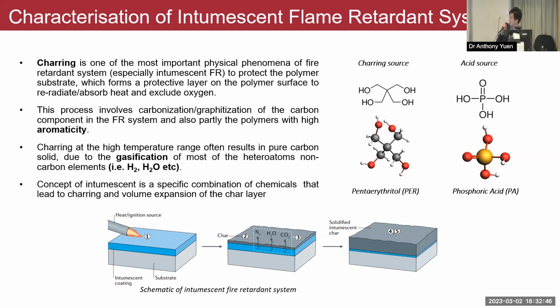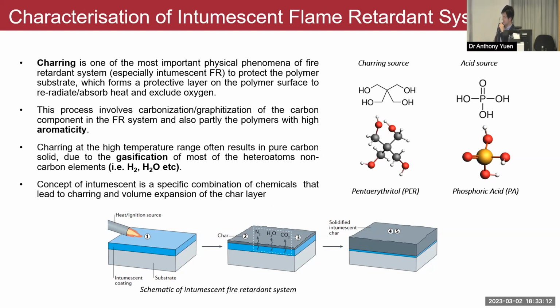You have an acidic component, you have your melamine and your PER, and sometimes you put in graphene oxide as a rapid charring agent as well. But the beauty of this formulation is not only that it forms this nice char layer on top, it will expand. On the right hand figure, you see the char layer.